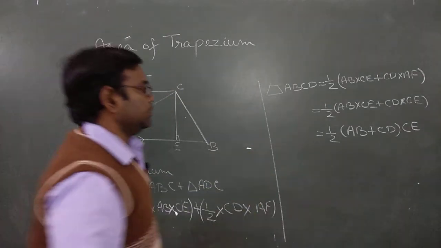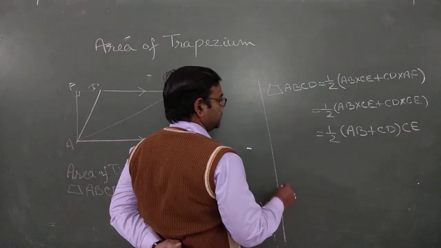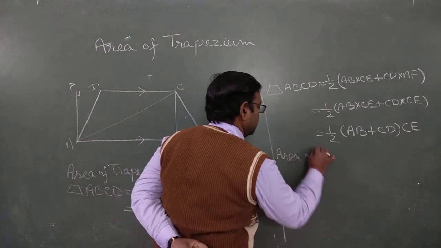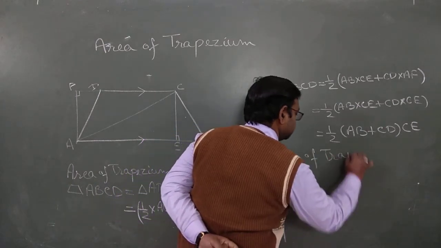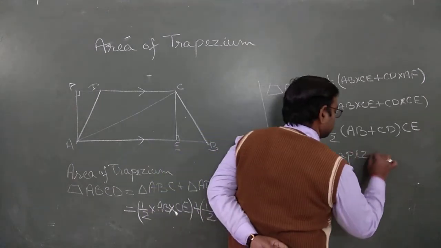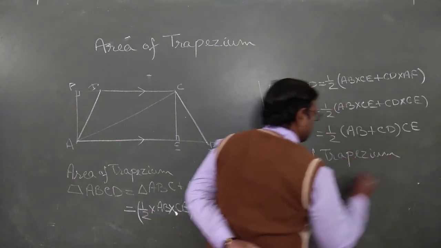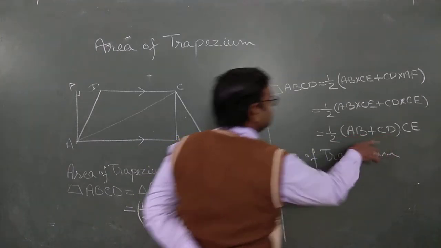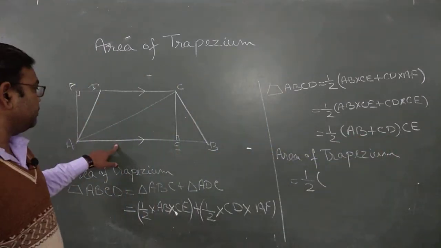So from this we can conclude the area of trapezium equals half. See, what are these two? These two are the parallel sides, AB and CD.